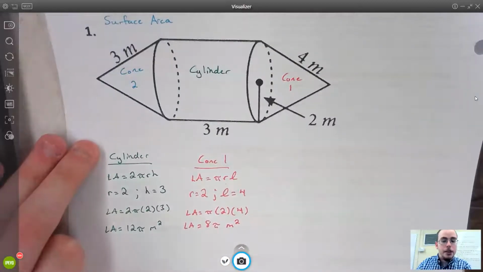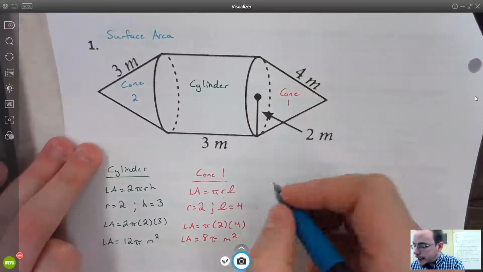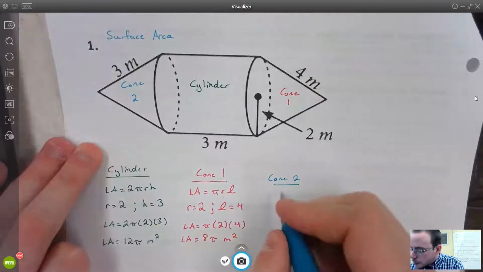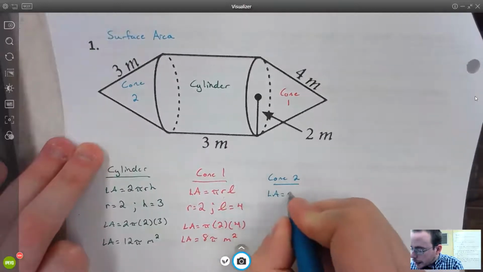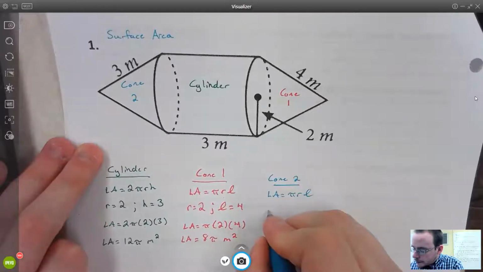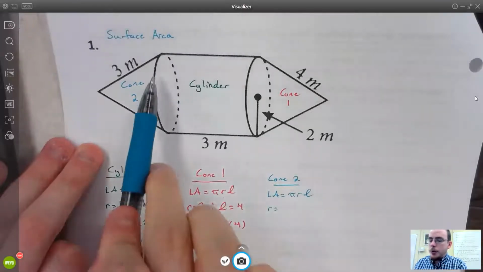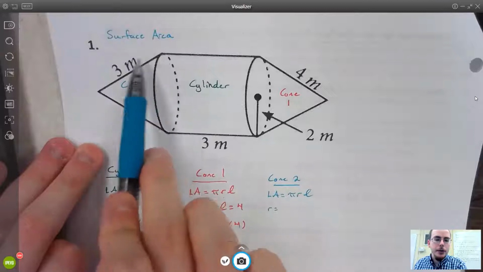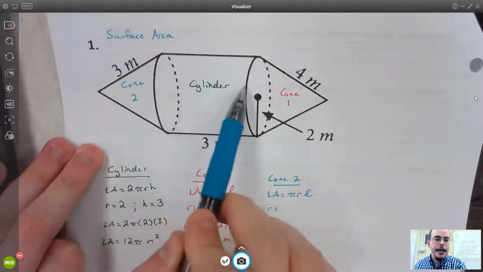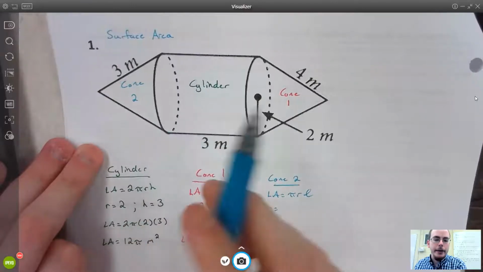Then we have to repeat the same process for cone 2 because it's a different length of cone. So the lateral area is pi r L. Now, you'll notice the cone sits on the same bases, so these have the exact same area, radius, everything else.